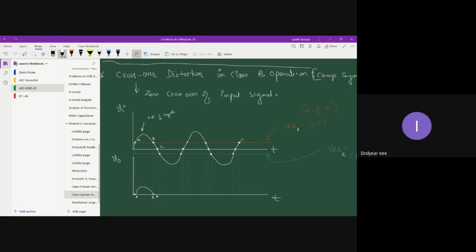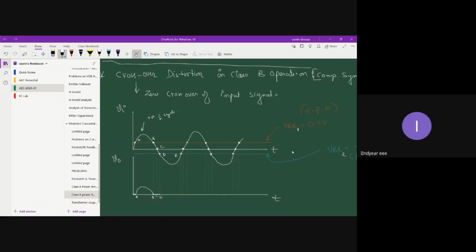Similarly, during negative half cycle, the same phenomenon comes into picture, but it appears in an inverted manner because you're talking about the negative voltage. So during negative half cycle, when your input is less than the threshold value, the transistor is in off state. That is from point C to D. So this is B, C, and D. Once your input starts to exceed the VBE2 value, that is from point D to E, what happens?